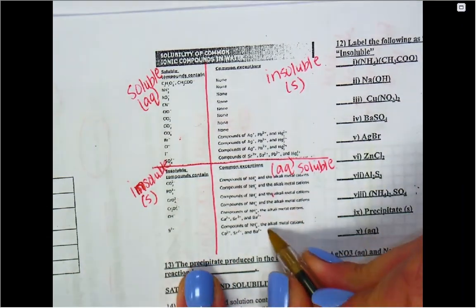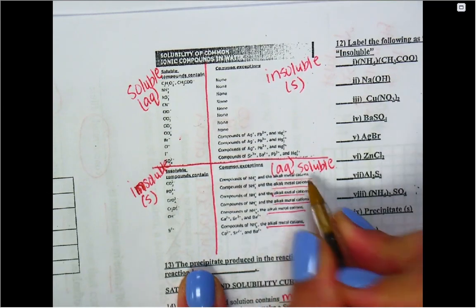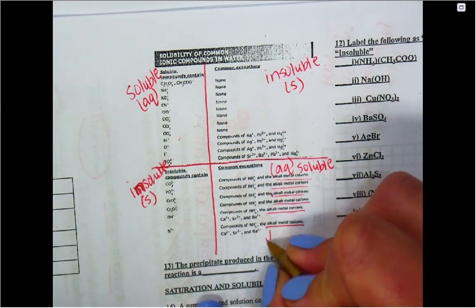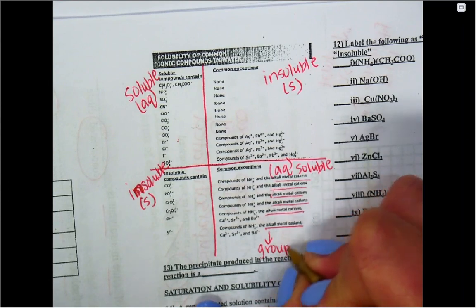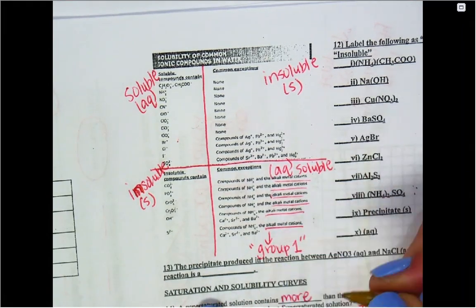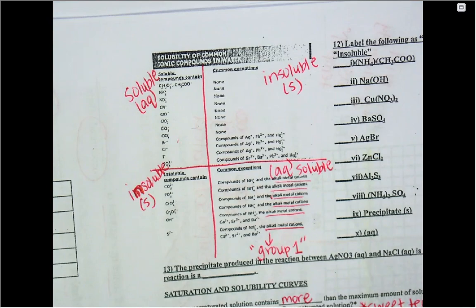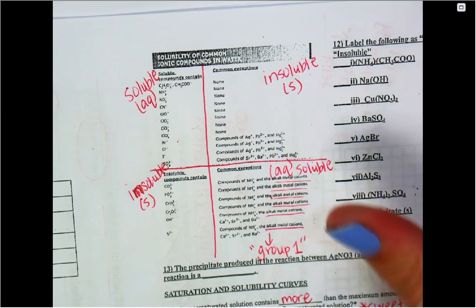The other thing that we added to our notes was the alkali metals. Those alkali metals are group 1 on our periodic table. You might remind yourselves where to find group 1. Group means the column, so the first column on the periodic table.